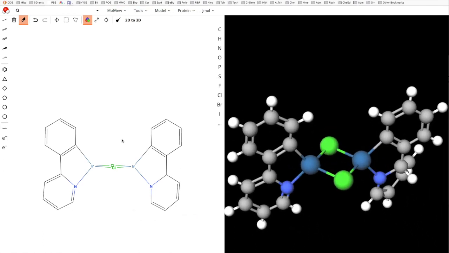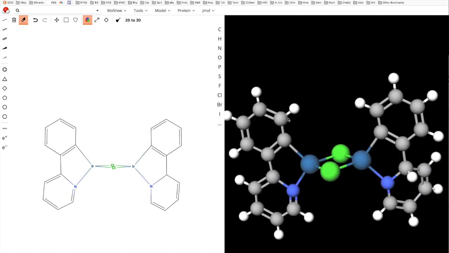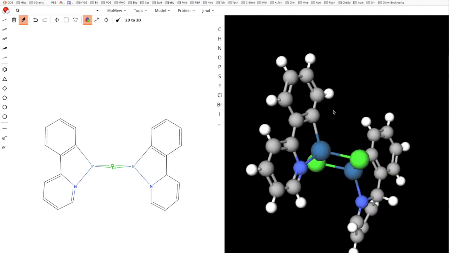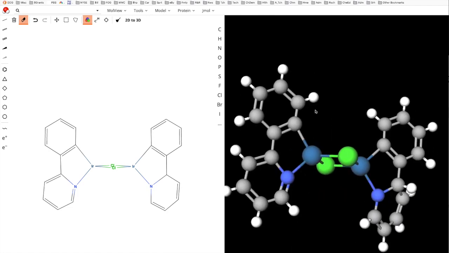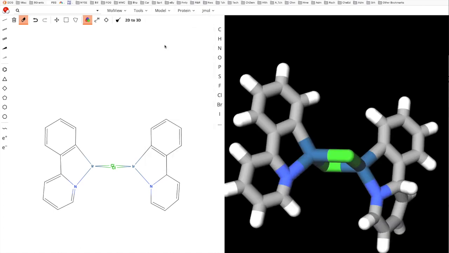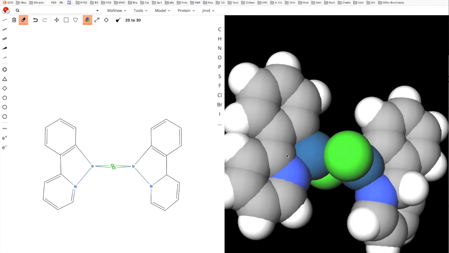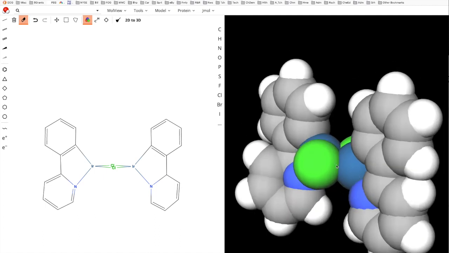Okay, so that is how you would use this program, and it gives you a pretty good realistic view. I can change the different view to ball and stick, or just a stick, I mean. I can do a van der Waals radius, and that tells you the size of these things.